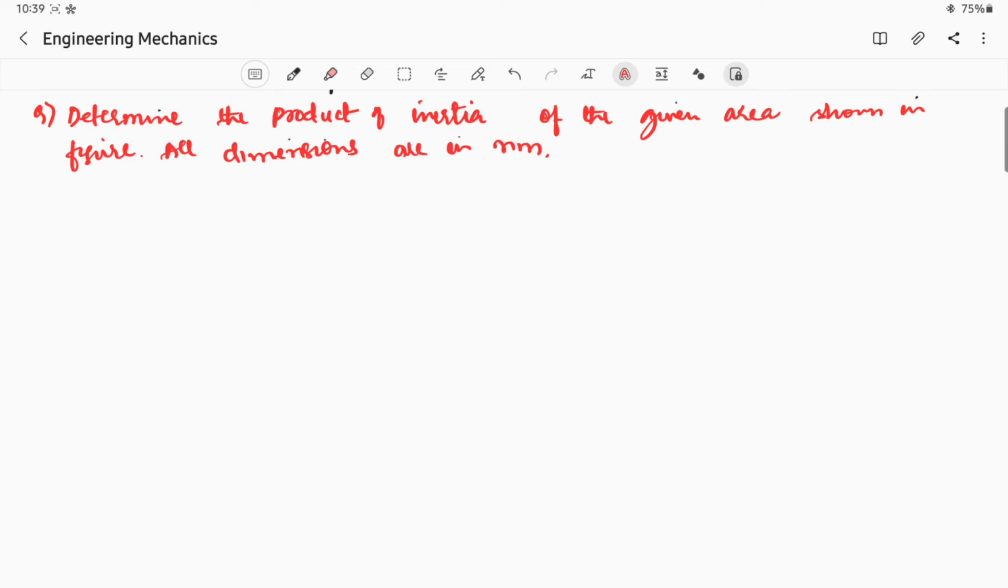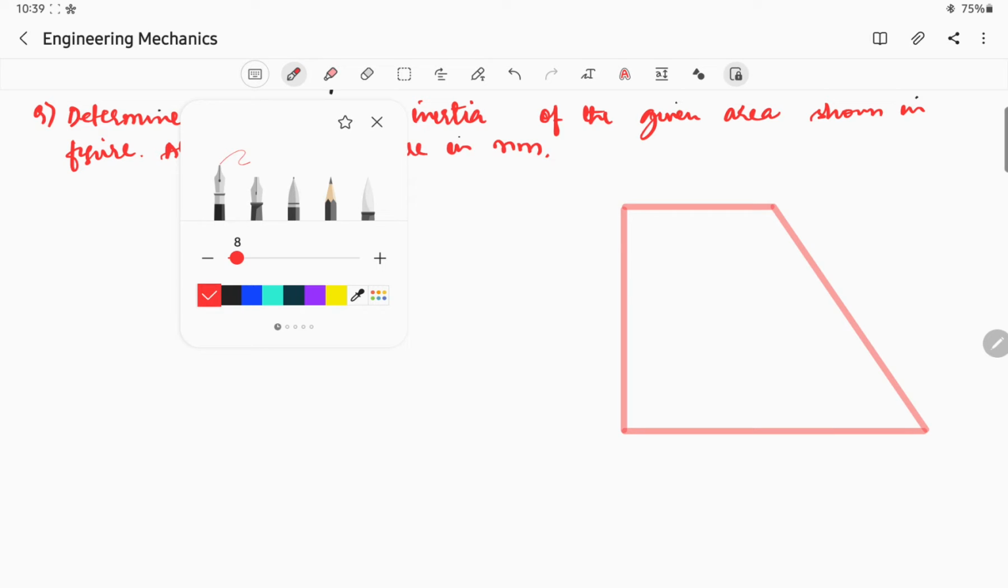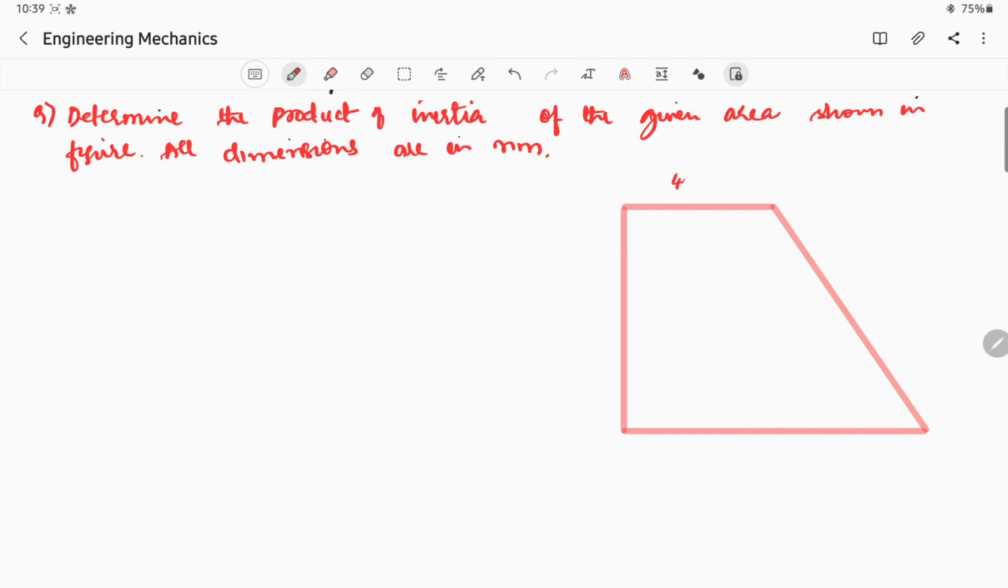First we'll draw the figure given in the question. The dimensions are 40, 90 and 70.